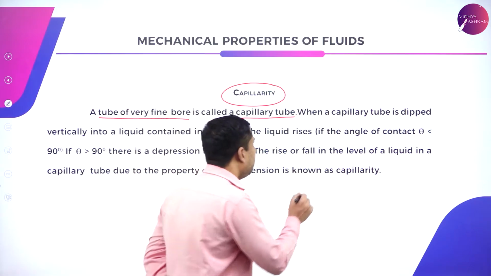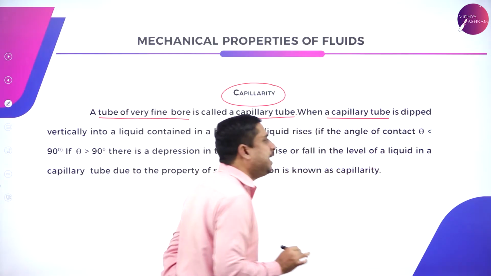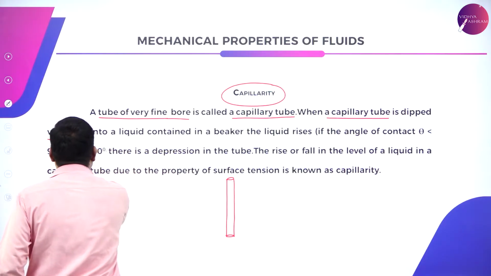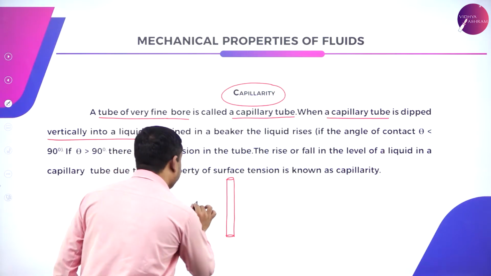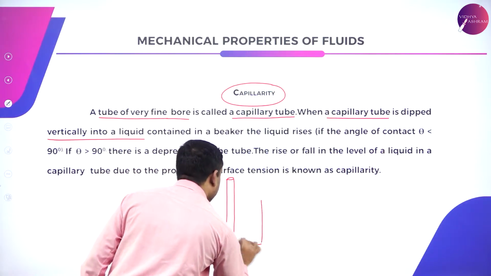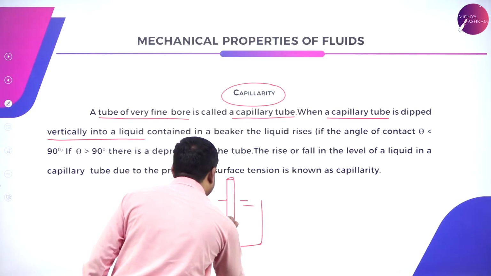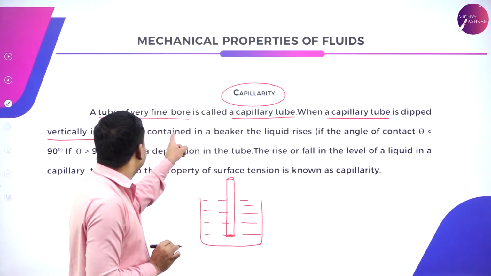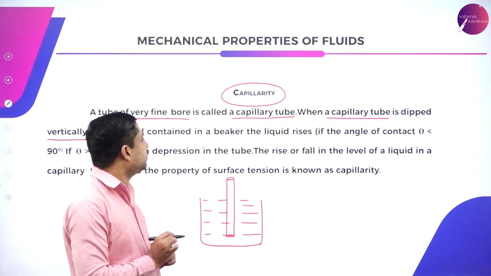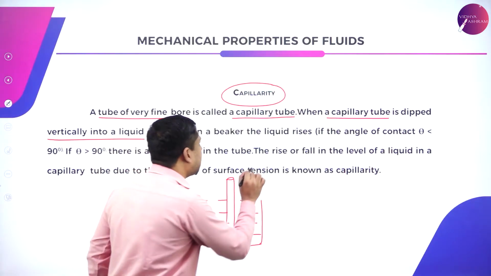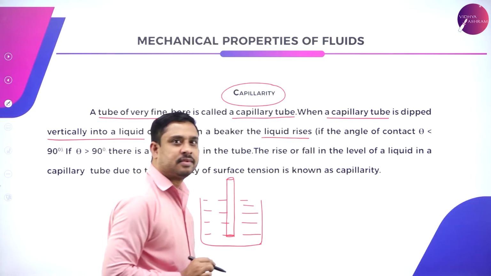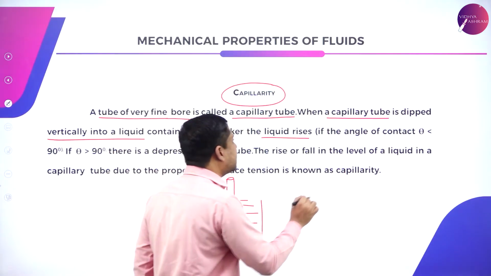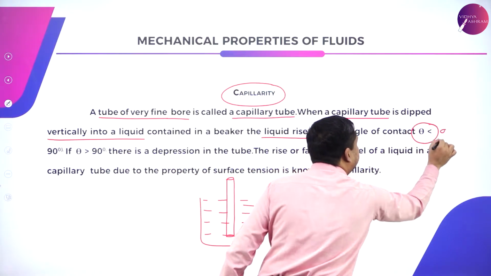Now, when a capillary tube is dipped vertically in a liquid, suppose I dip this capillary tube vertically in a liquid, the liquid will rise if the angle of contact is less than 90 degrees.